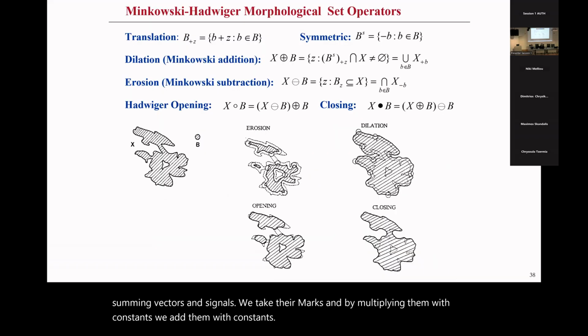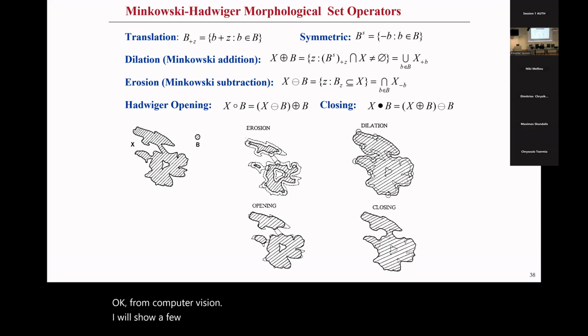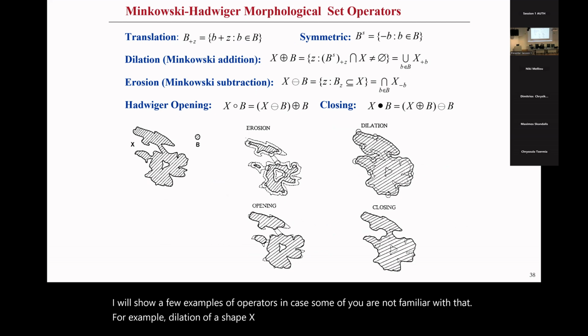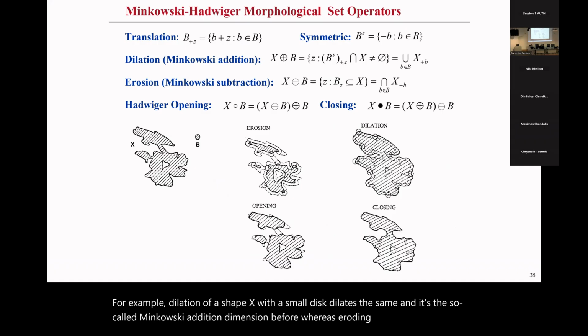From computer vision, I will show a few examples of operators in case some of you are not familiar with that. For example, a dilation of a shape X with a small disk dilates the shape, and it's the so-called Minkowski addition that I mentioned before, whereas eroding X by B shrinks the shape.